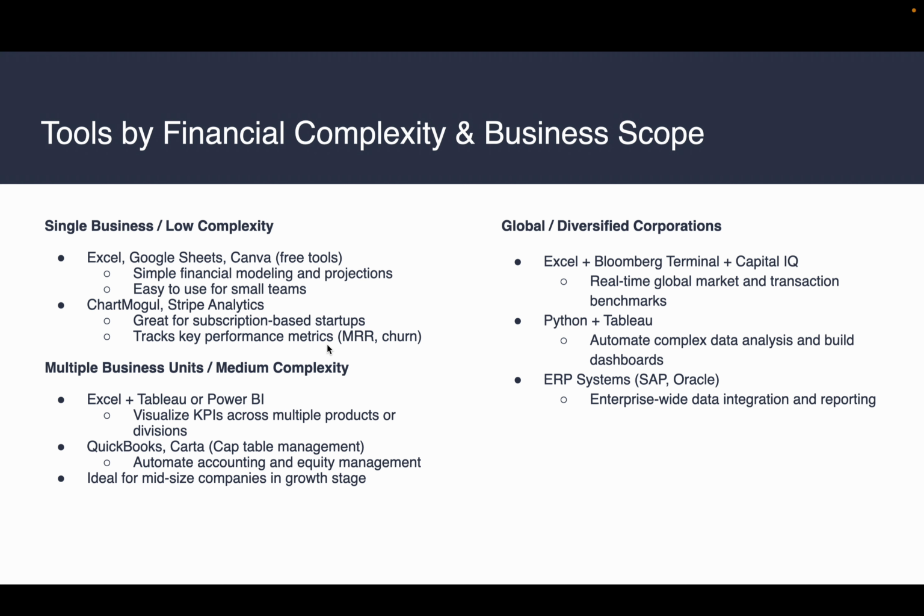Growing companies with multiple business units benefit from tools like Tableau or Power BI to visualize KPIs across divisions, and platforms like QuickBooks or Carta for automating accounting and equity management. Global corporations like Samsung require advanced tools: Bloomberg Terminal and Capital IQ for market tracking, Python and Tableau for automation, and ERP systems like SAP for enterprise-wide data integration and reporting.